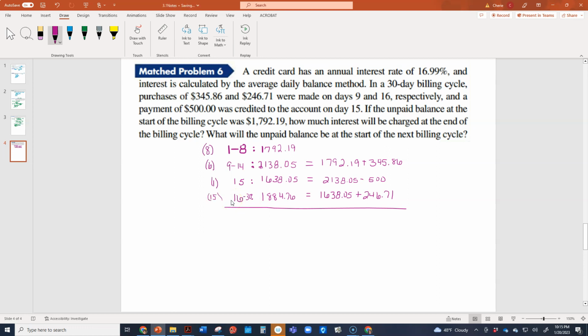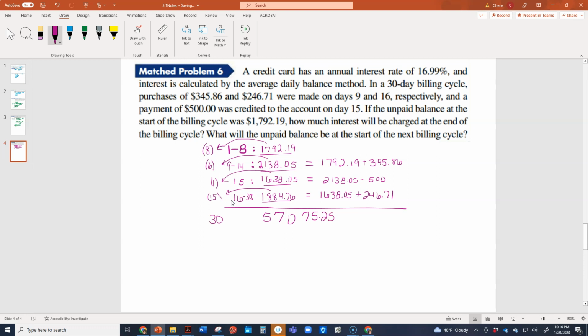So that's my 30 days. I'm not just adding those up. I'm having this amount for 8 days, this amount for 6 days, this amount for one day, this amount for 15 days. You add all of those up and you get, 5,000, no, this big number.